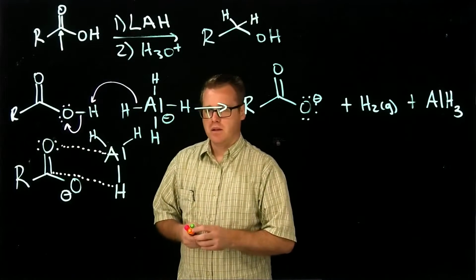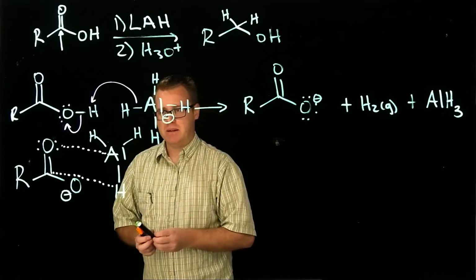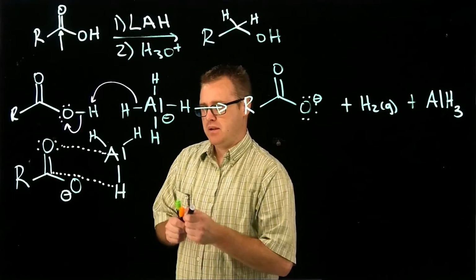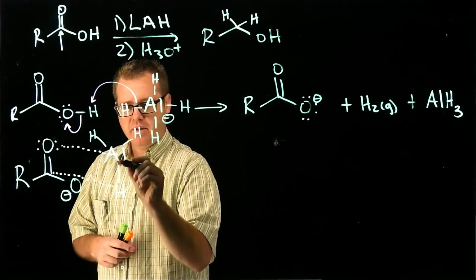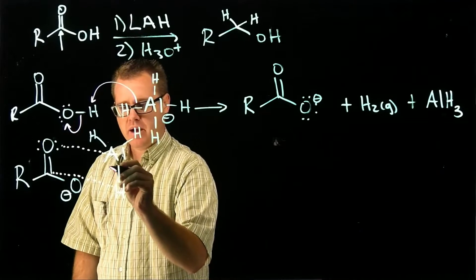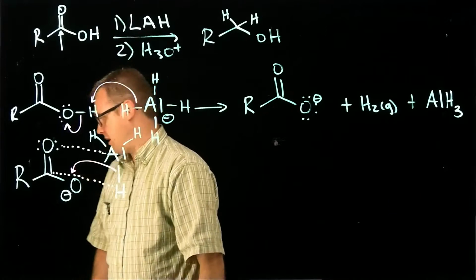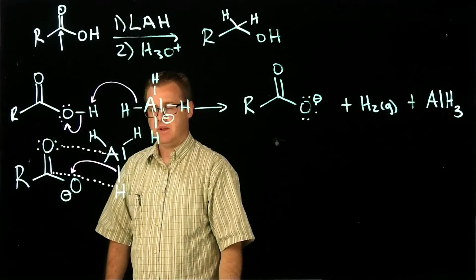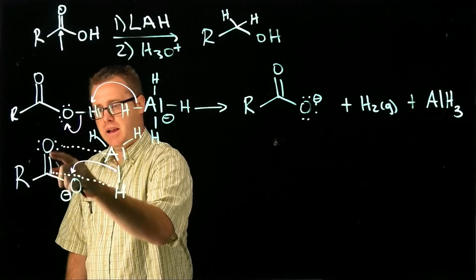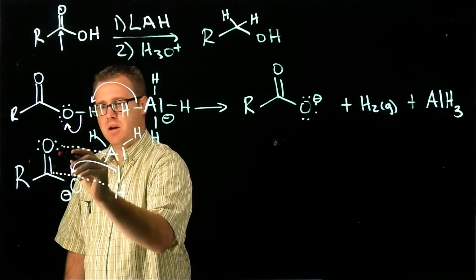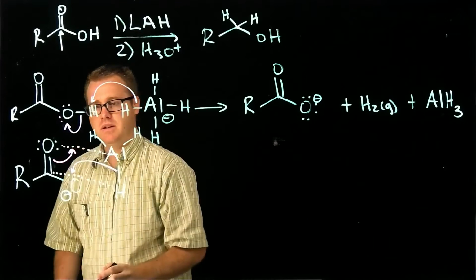Okay. Now what can happen here is this bond right here between the aluminum and the hydrogen is going to break and go like that. And then these pi electrons right here in the carbon-oxygen bond are going to go and form there.